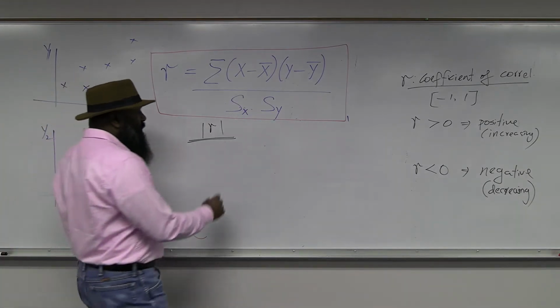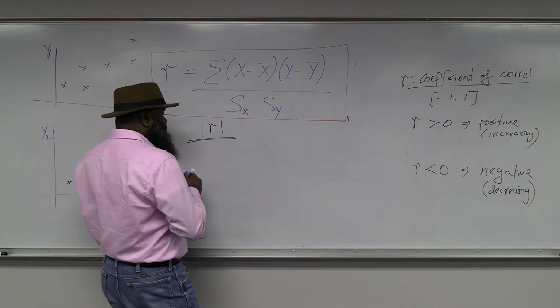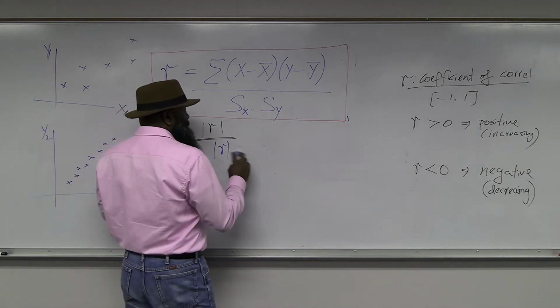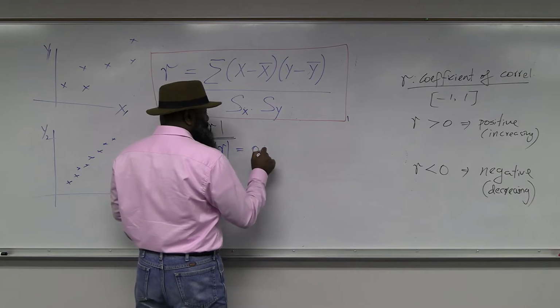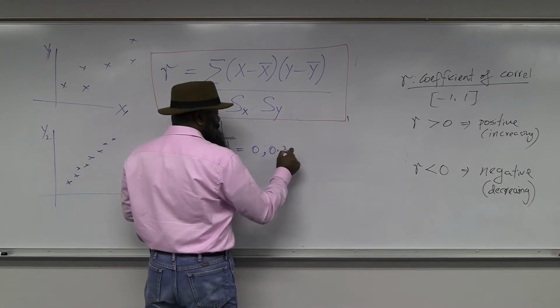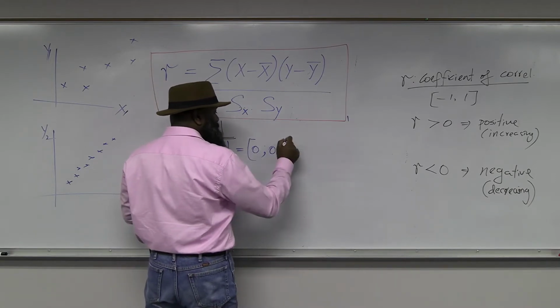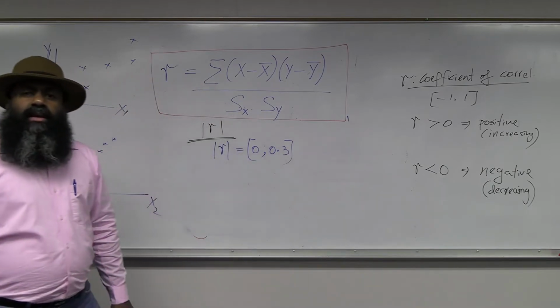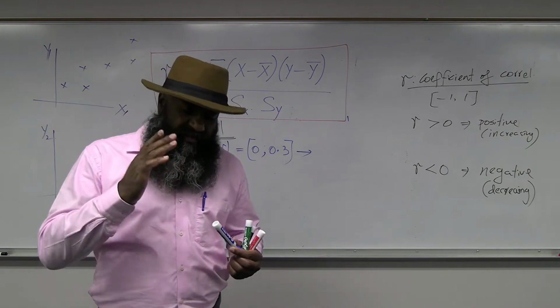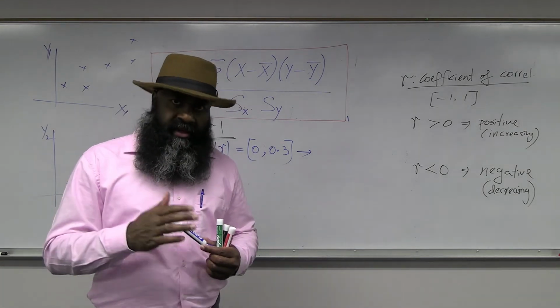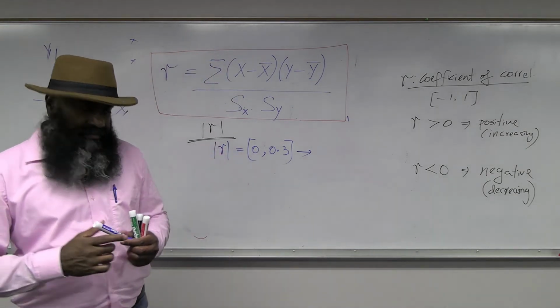So if this absolute value of r is between 0 and 0.3, we say there is no linear relationship, or there is a very weak linear relationship existing between x and y.